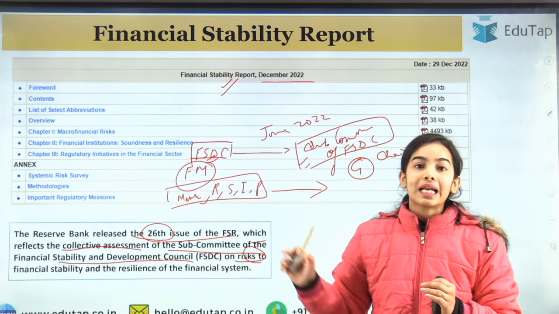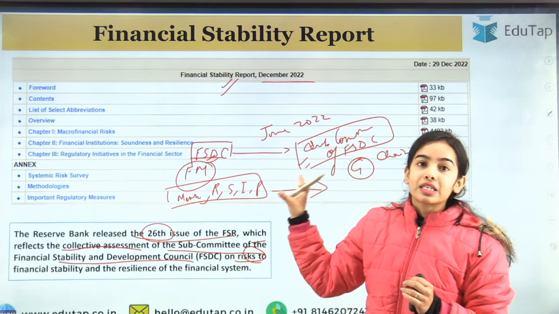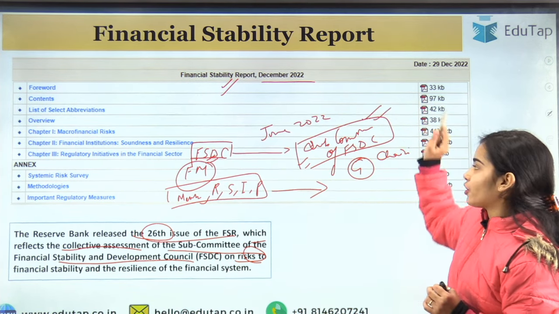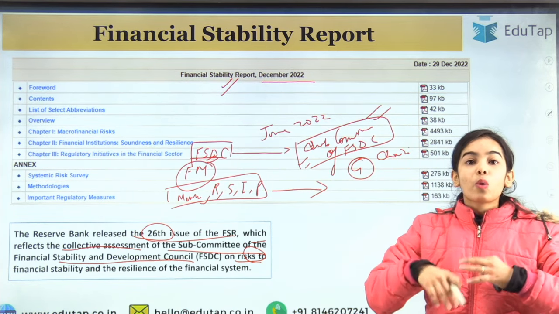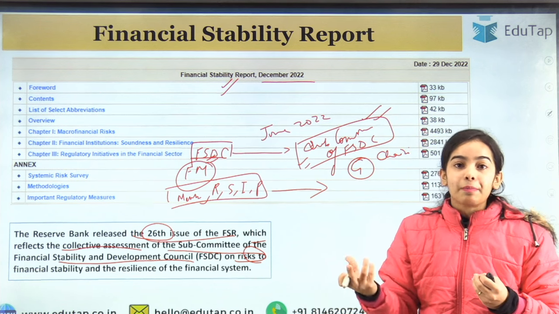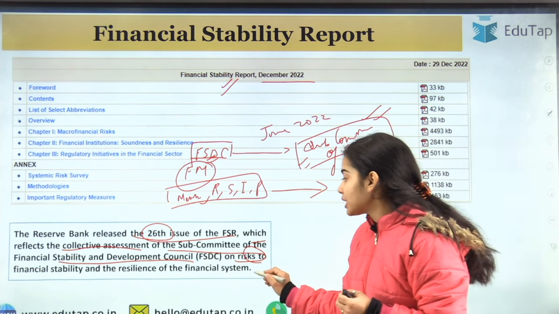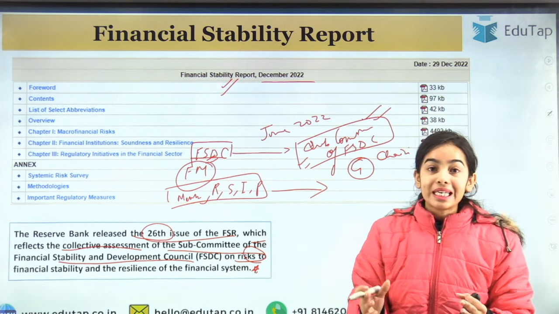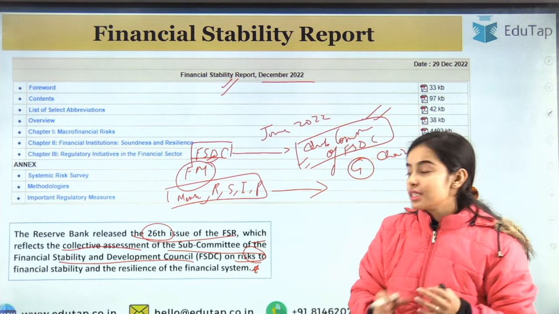So we have understood that this report is the collective assessment that is done by the subcommittee of the FSDC, and on what the assessment is happening: the risk to the financial stability and the resilience of the financial system. That is, what are the risks that are coming for the financial system, and how resilient our financial system is.